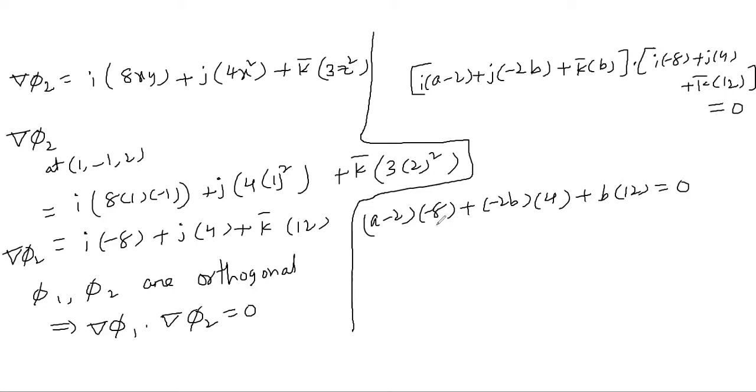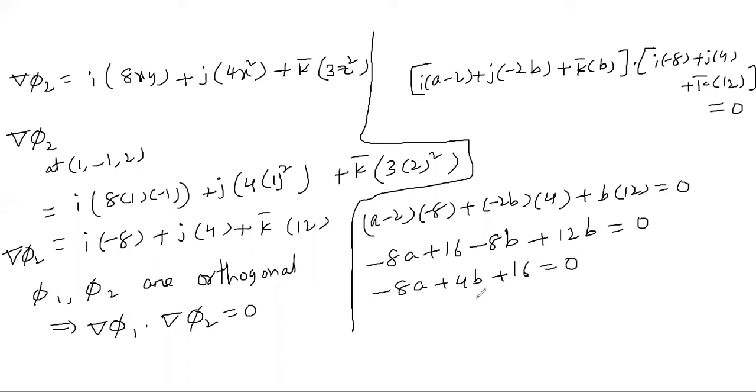So now multiply it, what will we get? Minus 8a plus 16, minus 8b plus 12b is equal to 0. Check it, minus 8a plus 16 minus 8b plus 12b. So minus 8a, minus 8b plus 12b, how much? 4b. 4b plus 16 is equal to 0.